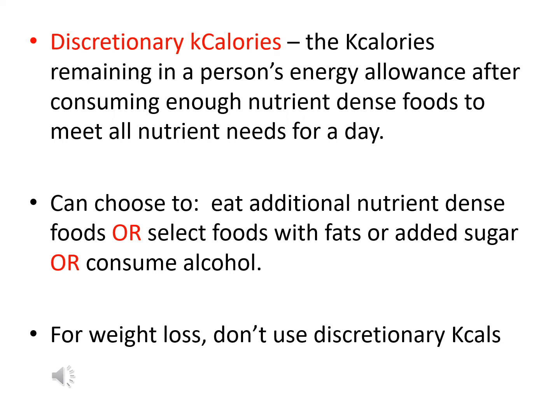You can then use these to work in maybe snacks that are providing you with a bit more fat or sugar. You can work in maybe a serving of alcohol, a serving of wine, a serving of beer, or you can simply eat more nutrient-dense foods to provide you with these discretionary calories. If you are looking for weight loss, very simply just don't use these discretionary calories, and this will provide a deficit, therefore again supporting weight reduction.